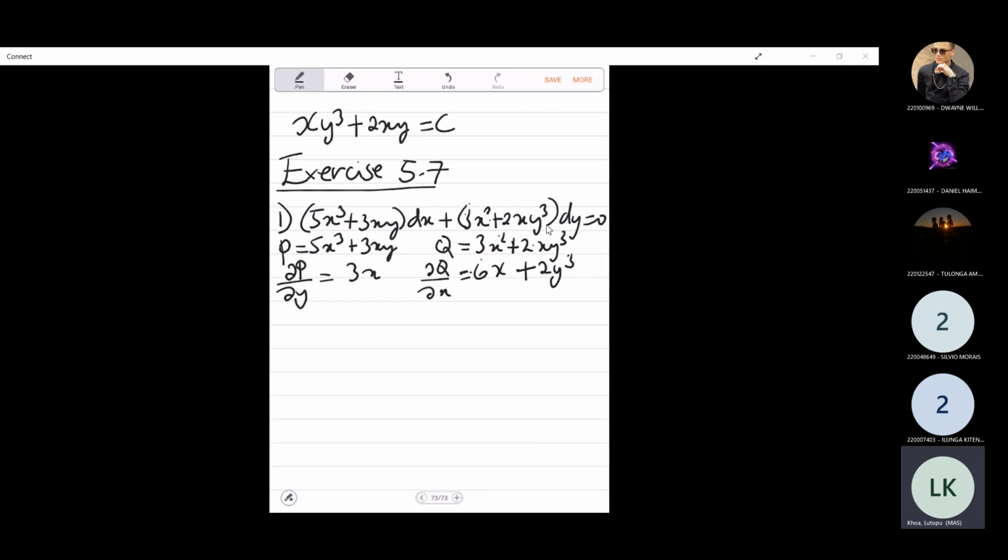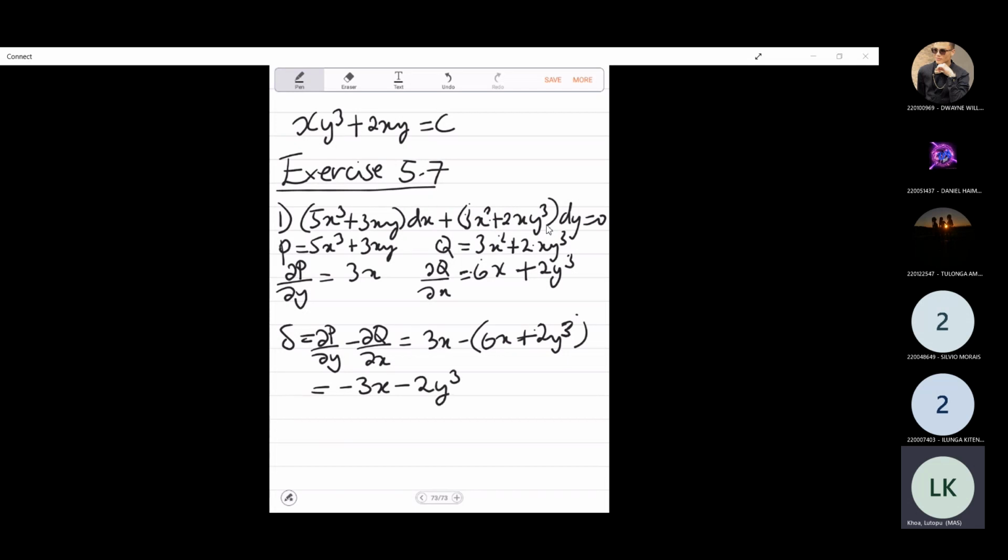Okay, so obviously this is not exact, so we find delta, dp/dy minus dq/dx. This is 3x minus 6x plus 2y cubed, and this is equal to negative 3x minus 2y to the power of 3.